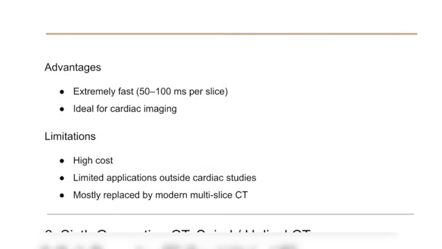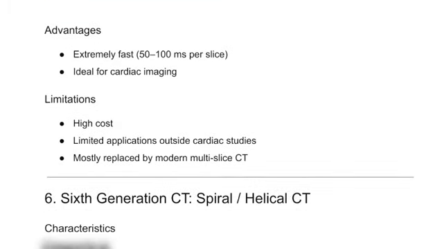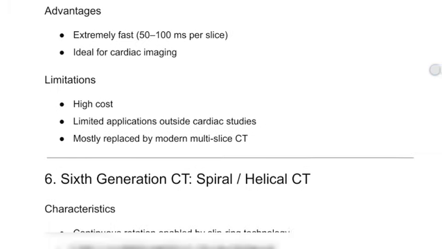Its advantages are that it is very fast, about 50 to 100 milliseconds per slice, and it is ideal for cardiac imaging. But it has some limitations, such as high cost and limited application outside cardiac studies, and it is mostly replaced by the modern multi-slice CT scanners.